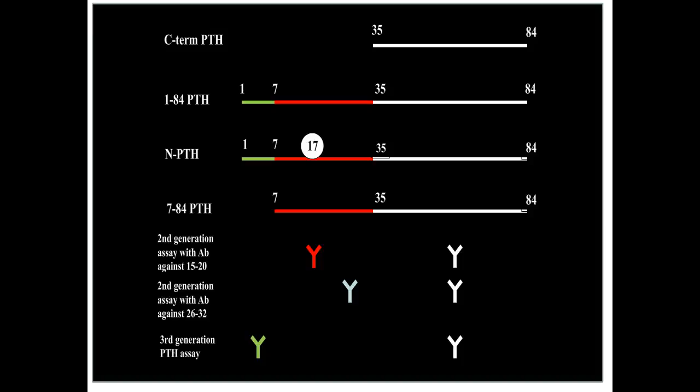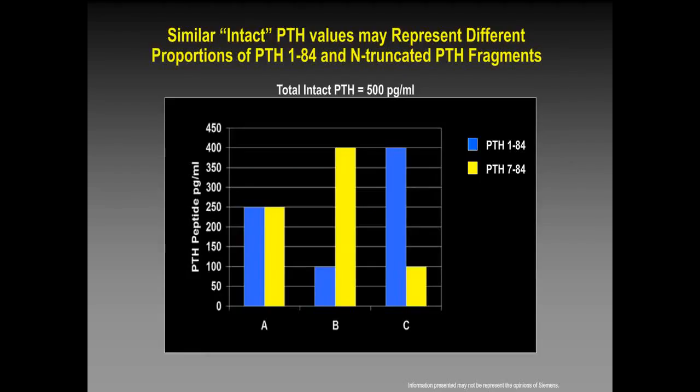So to try and avoid that, I have mentioned these newer assays with the detection antibody directed right at the very N-terminus, which should, at least theoretically, give you the most reliable index of biologically active PTH in serum.